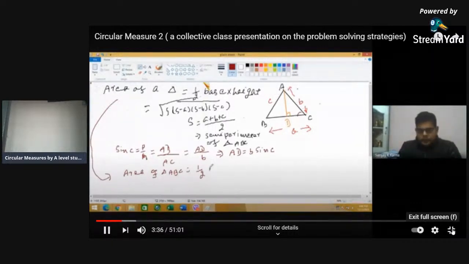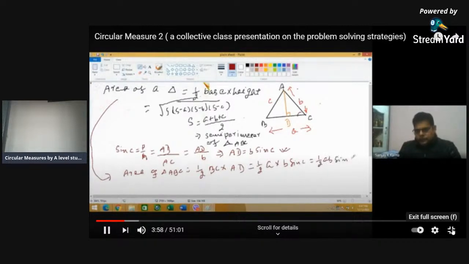So you can write here BC times the height of the triangle, which is exactly the perpendicular height AD. BC length is a, and AD we have found here as b sine C. So eventually we have half ab sine C.